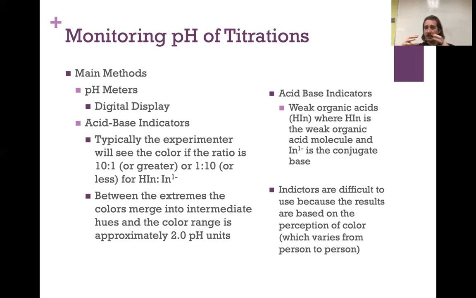And they're tricky because people perceive colors differently. I'm reminded of the black and blue dress or the gold and white dress, right? How we perceive colors is uniquely different. So again, we could potentially introduce some error depending on how consistent we are with the reading of our indicators. Lots of tools we can start to use.